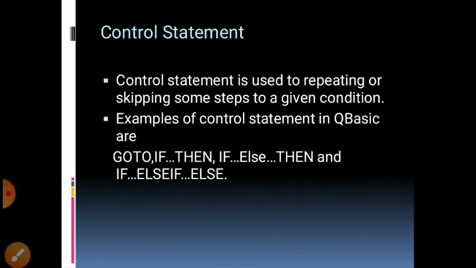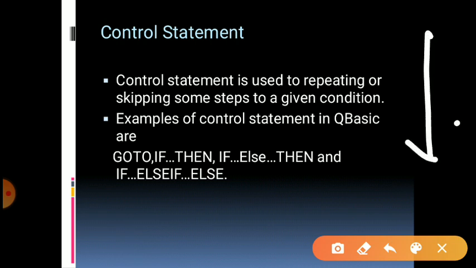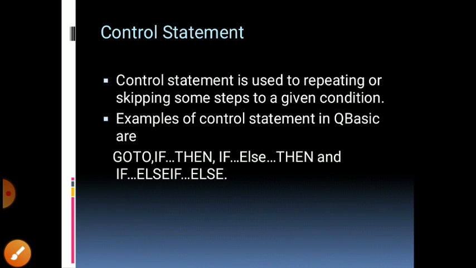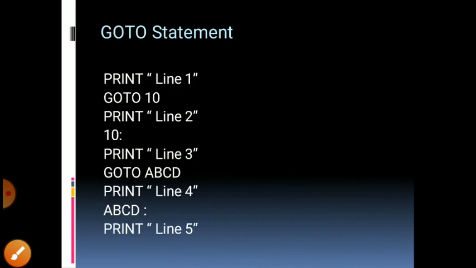Basically our programs run top to bottom. But if you want to skip some statement from the program, we use control statements. The basic control statements we discuss today are GOTO, IF THEN, IF THEN ELSE, and IF, ELSE IF and ELSE.